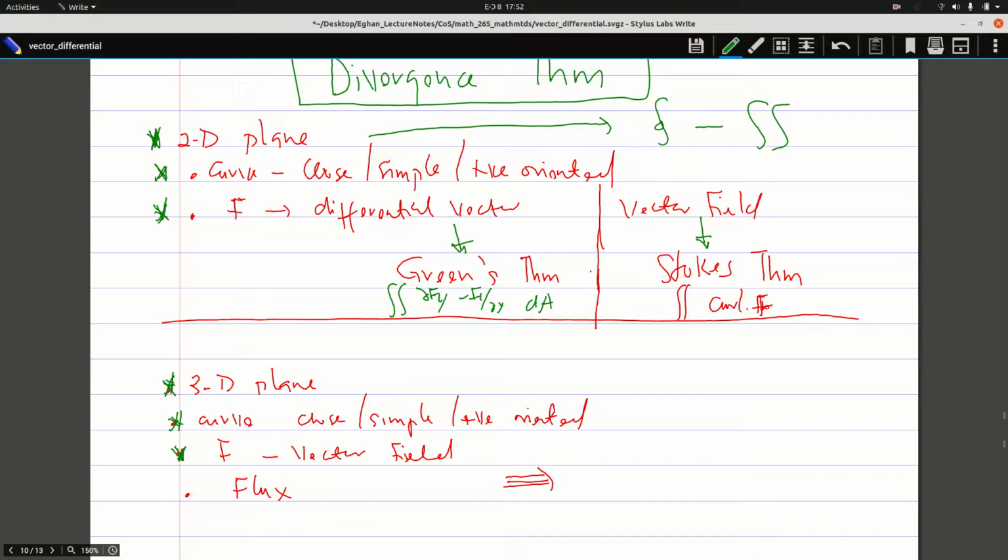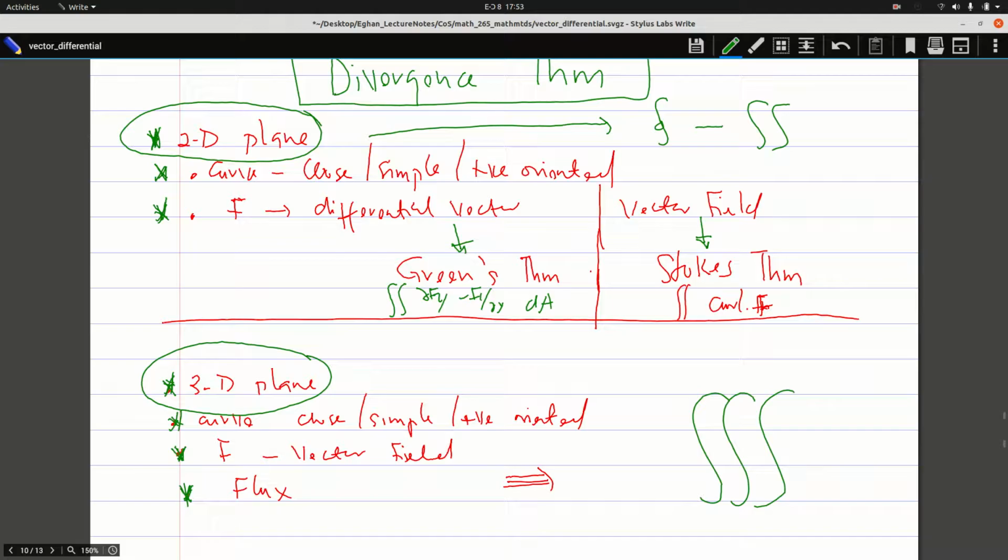It's a vector field. One last thing is to check for the keyword flux. Flux is the movement in and out of a medium. If you check these two things, you realize the difference here is the planes. 2D means you are moving to a double integral. 3D means you are moving to a triple integral.